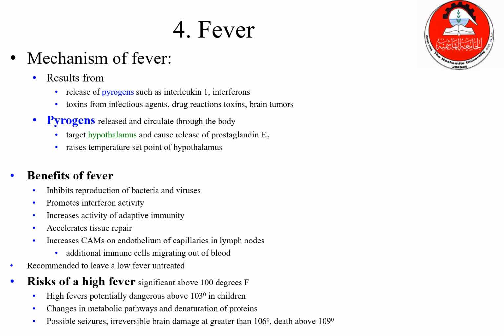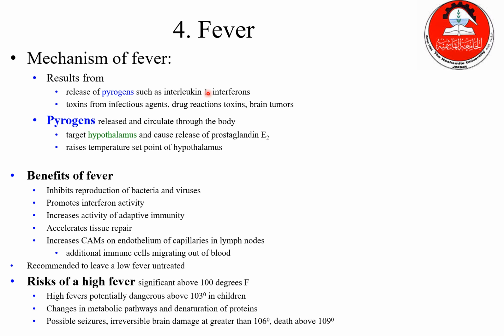And increases the CAMs on the endothelium of capillaries and lymph nodes, which leads to additional immune cells migrating out. As we talked about ICAM, we talked about the triggers, which is the production of interleukin and interferon by macrophages at the site of inflammation.